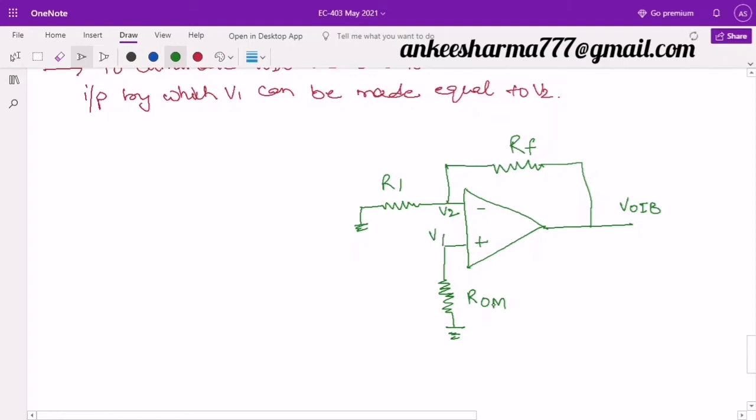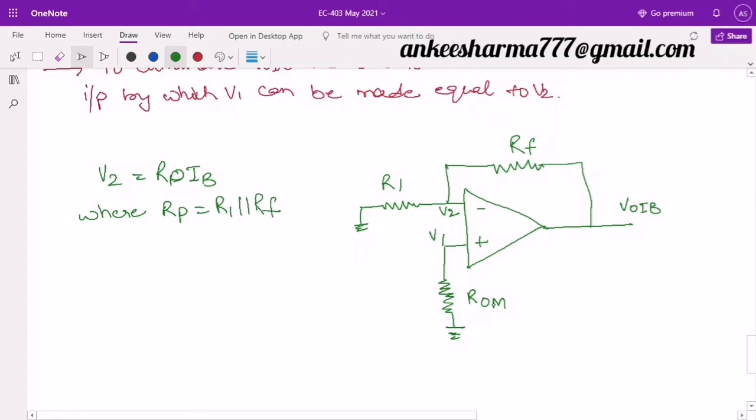Now due to this V2 we had this VOIB, so earlier we have obtained it, that is V2 is equal to RP into IB, where RP was equal to R1 in parallel with RF.